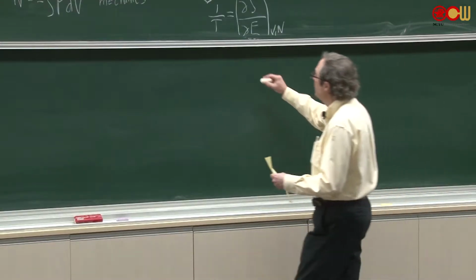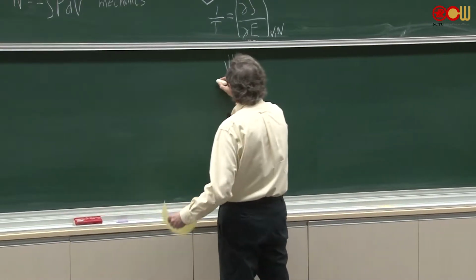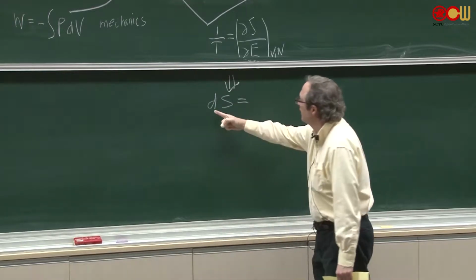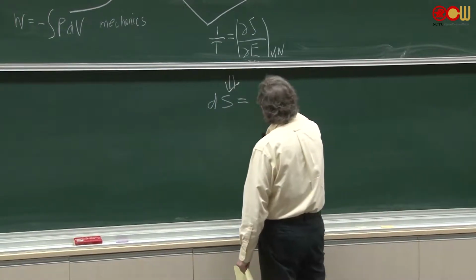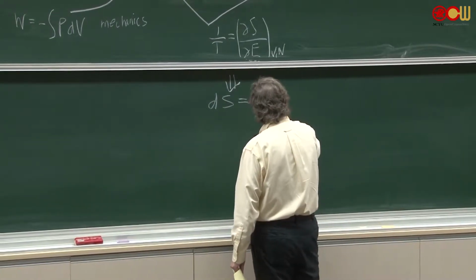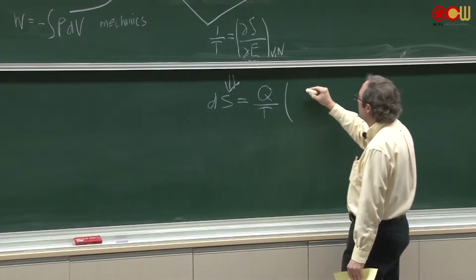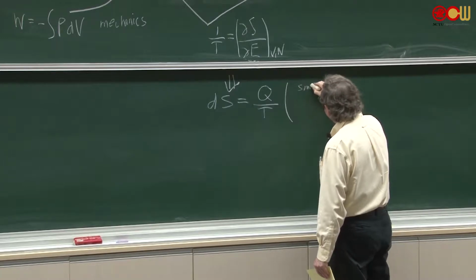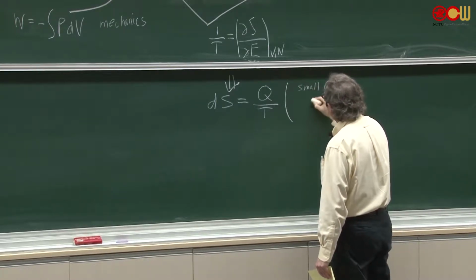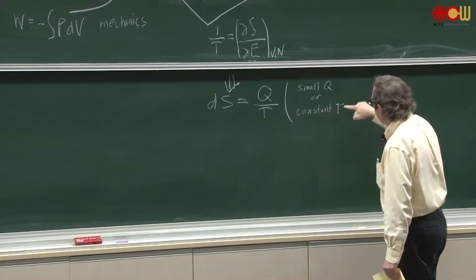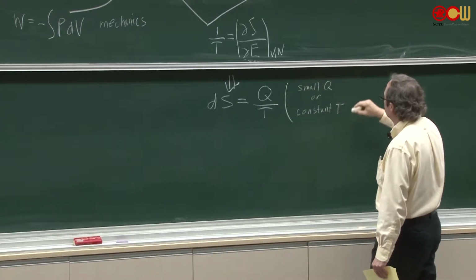All right, then this implies the following result, which is absolutely astounding, that the change in entropy is equal to Q over T. And this is valid for small q or constant T. I mean, it's not even clear what it would mean if T was not constant.